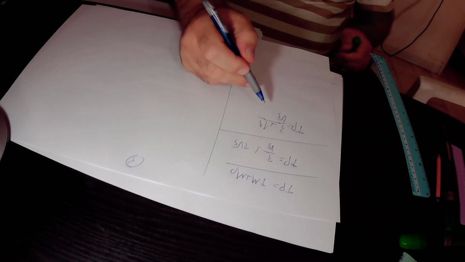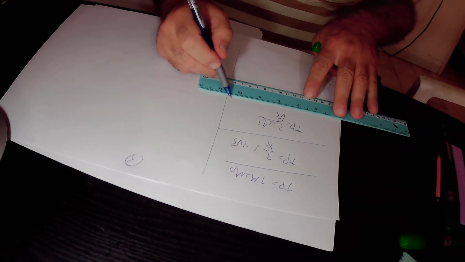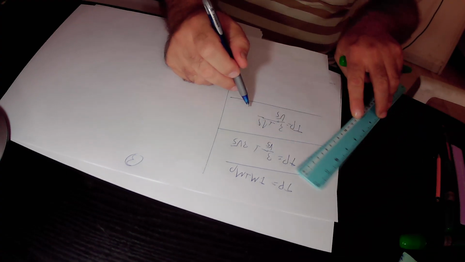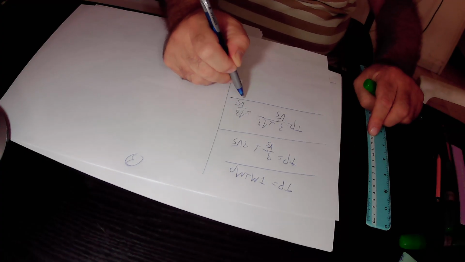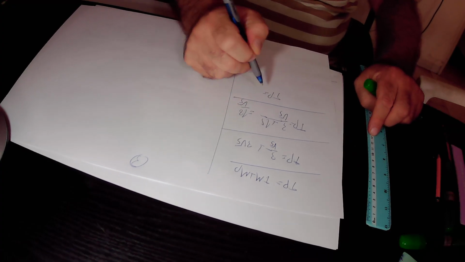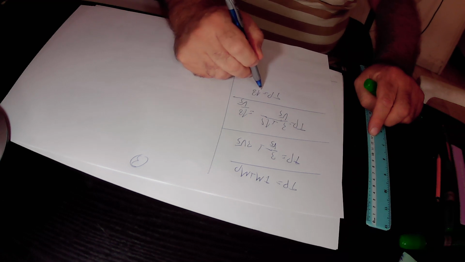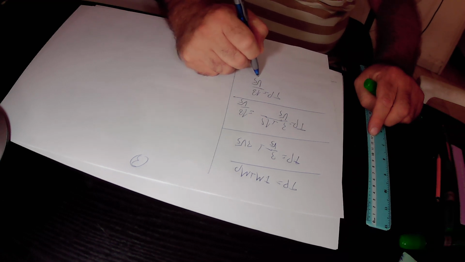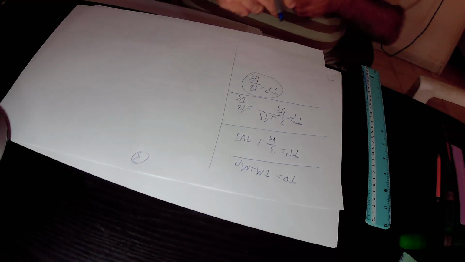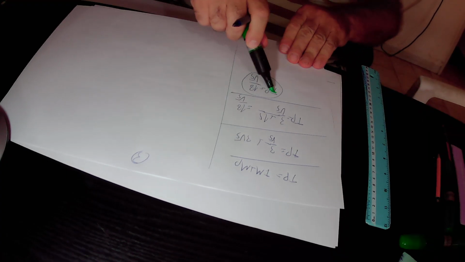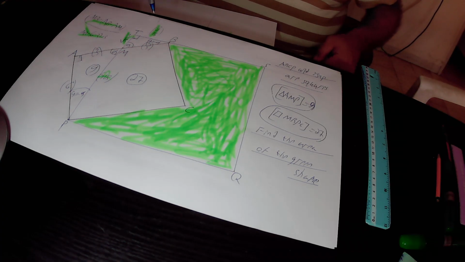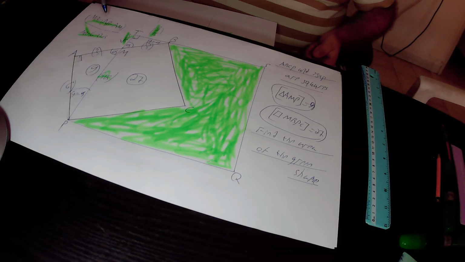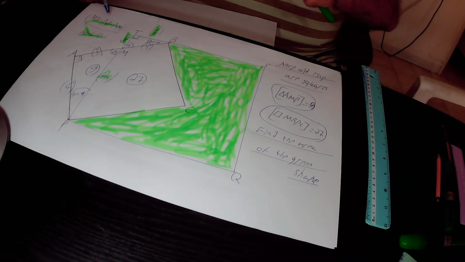So in total, TP equals 3 plus 15, that is 18, over square root of 5 units in length. TP equals 18 over square root of 5 units in length. So this is side TP.